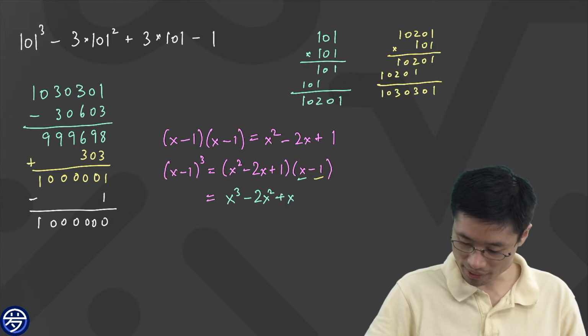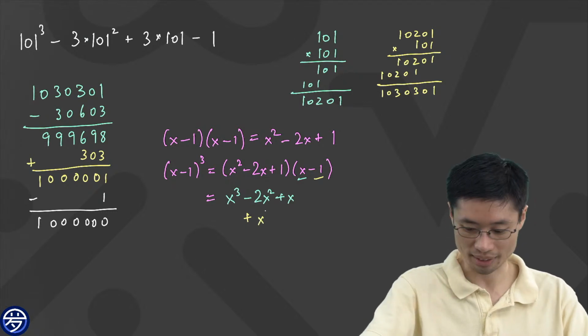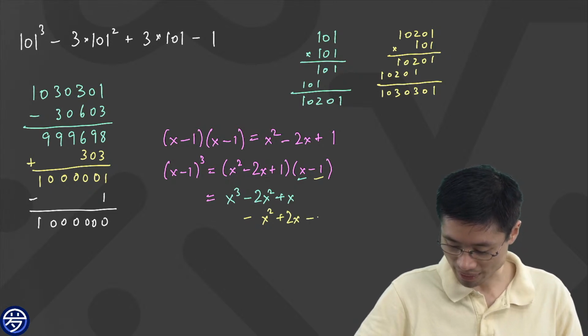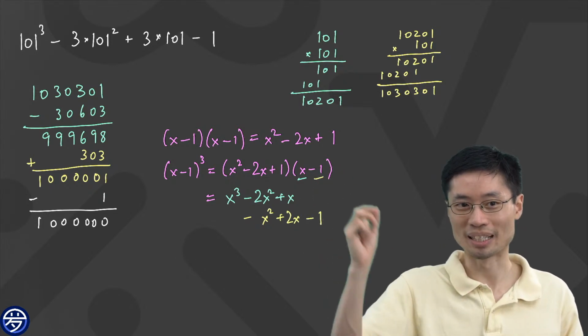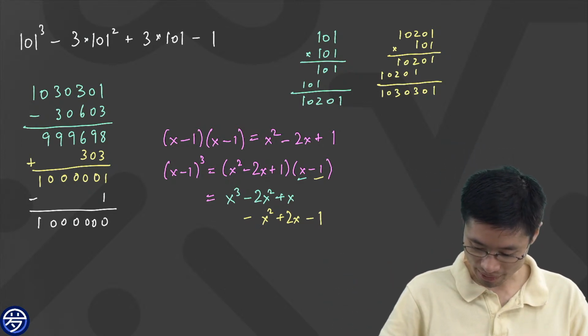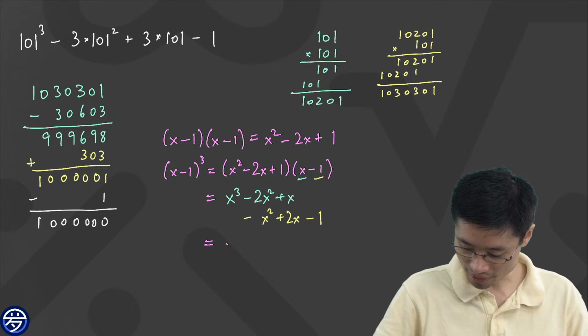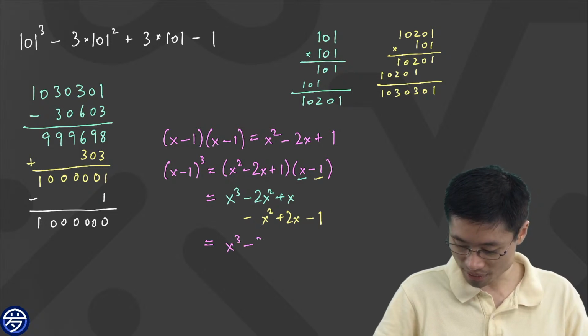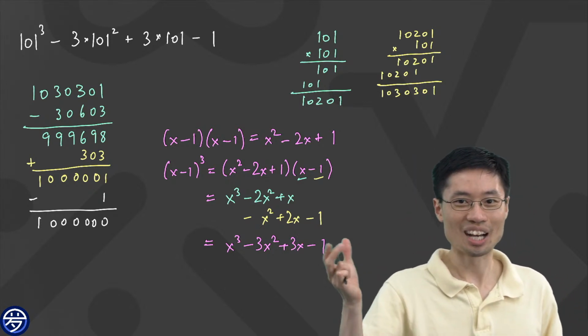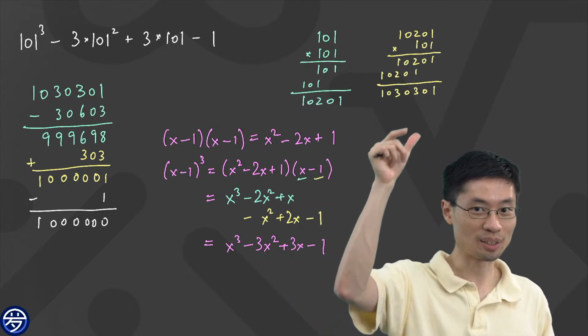And from the 1s, I get minus x squared plus 2x minus 1, because it's minus 1. And look what happens. I just get x cubed minus 3x squared plus 3x minus 1.